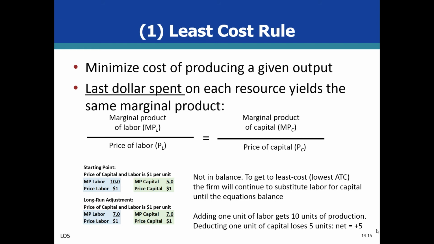Let's describe this example at the bottom left portion of this chart. Assume that the price of both capital and labor is $1 per unit, and the firm employs each at the current level that yields a marginal product of labor of 10 and a marginal product of capital that is less at 5.